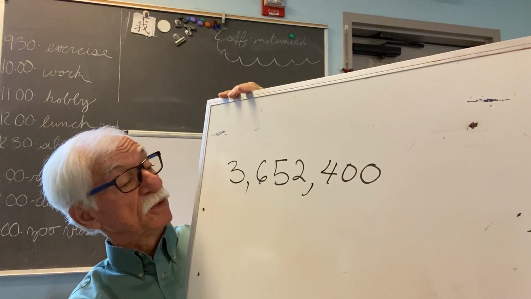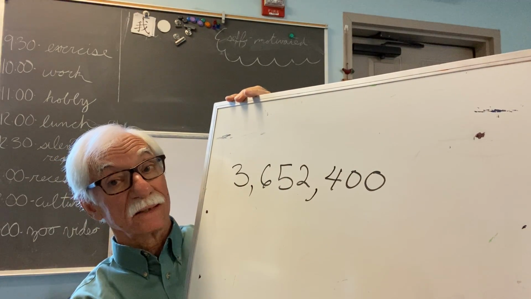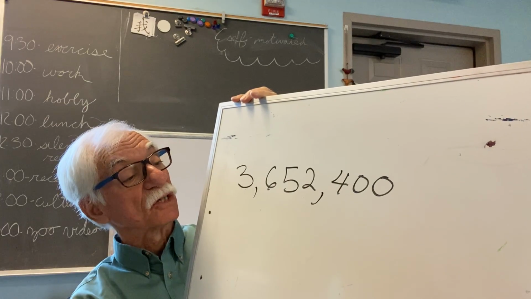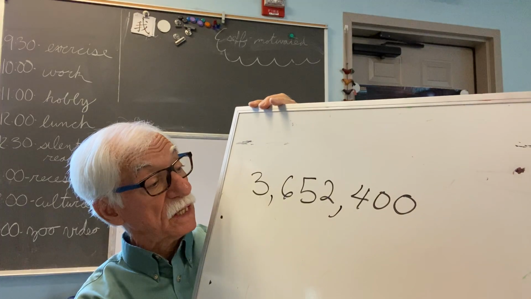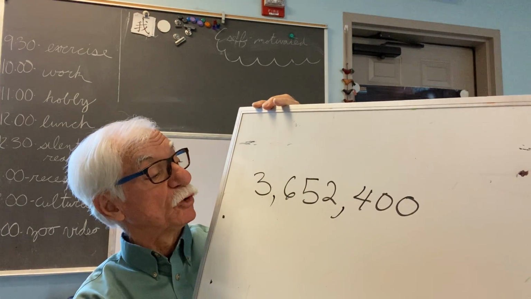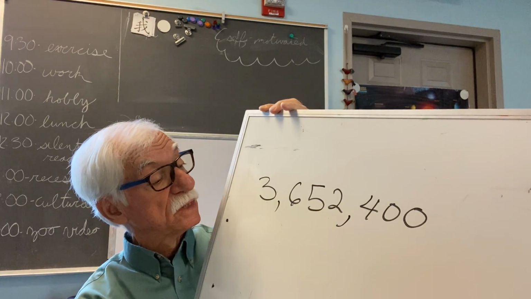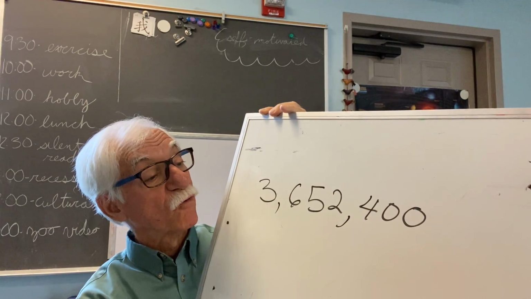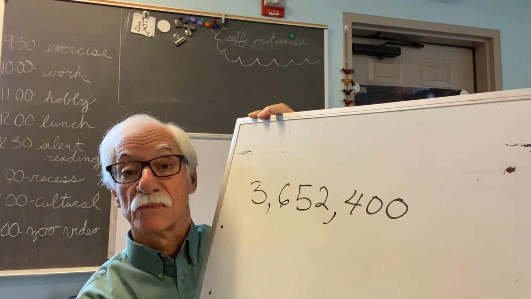Three units in the million family. Gotta say the million family because I hit that mailbox, that comma. 3,652,000. Remember, I don't say 6, 5, 10s, 2. You read the number from left to right. 3,652,400. And zeros holding those place values.